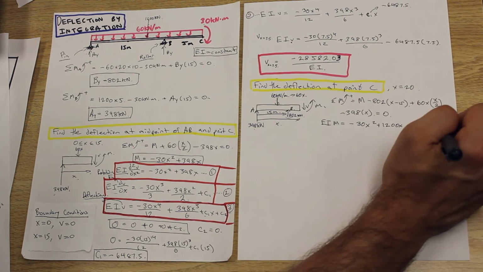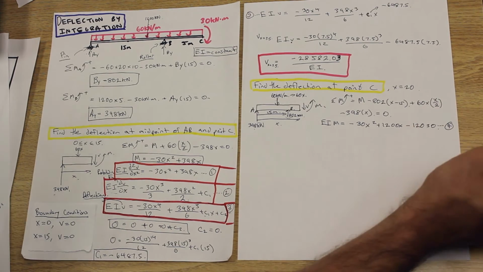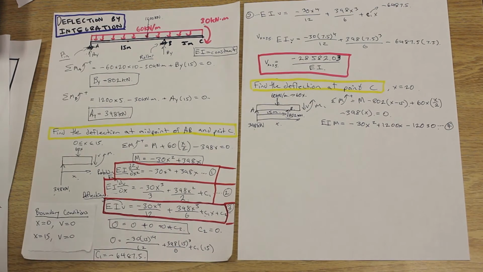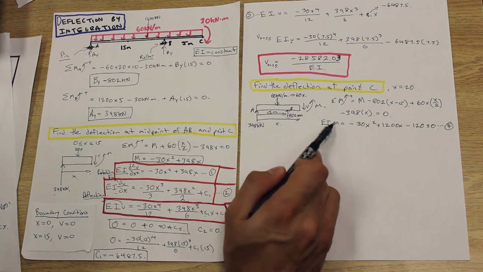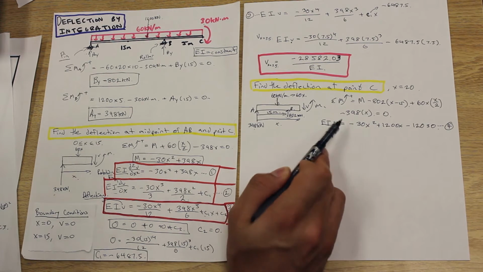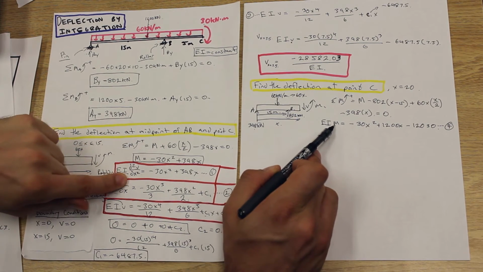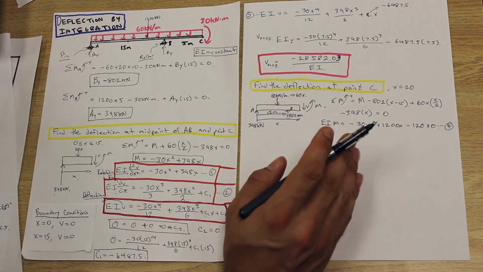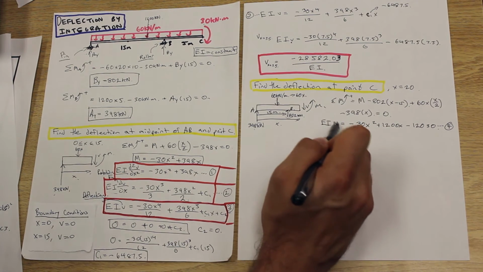We'll call this equation 4. And like we did before, you might get confused, I used M here, but M is actually d squared v by dx squared, so don't get confused by that. I'm just showing you another way to write it.